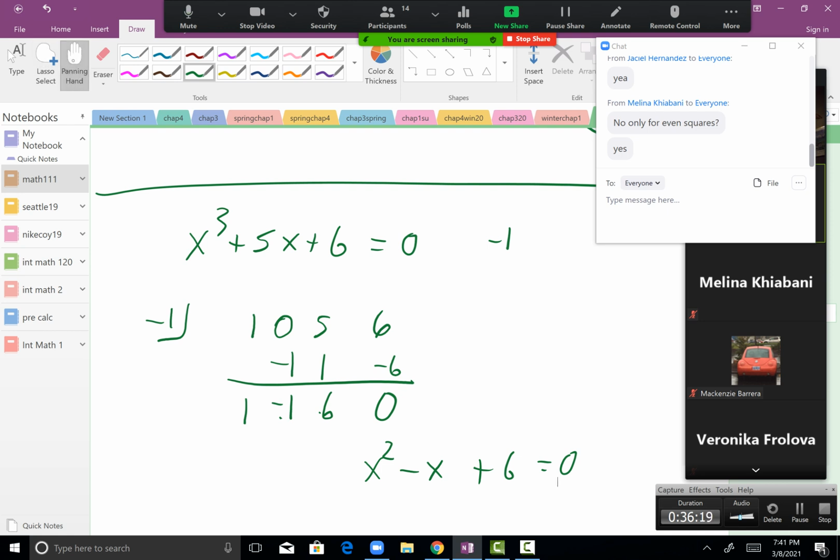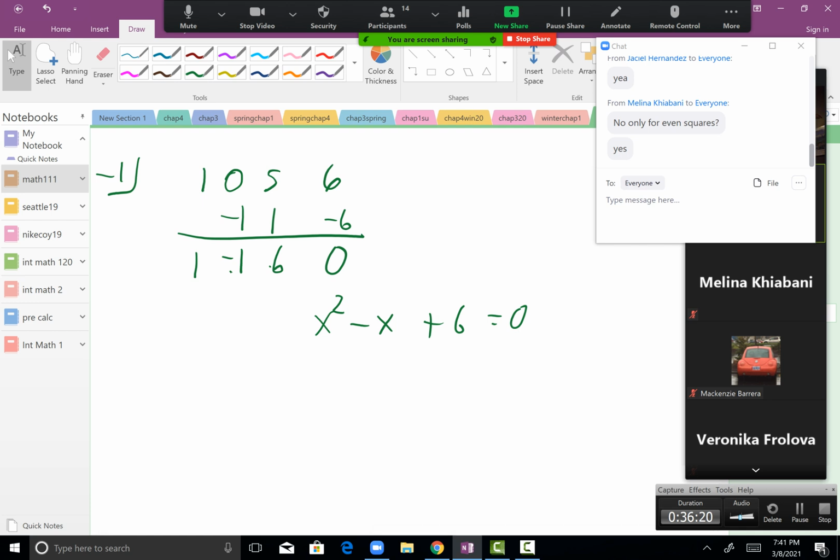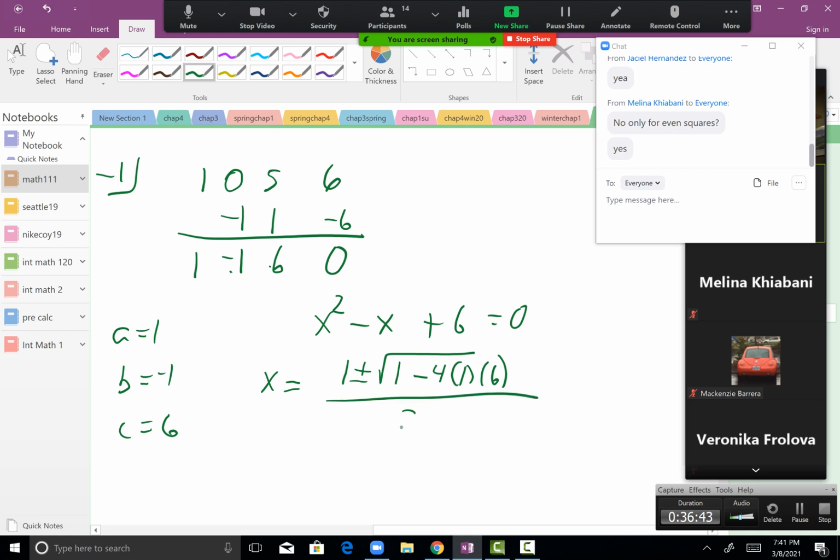Okay. So let's use the quadratic formula. X equals, all right, A is 1, B is negative 1, C is 6. So opposite of B, that's 1 plus or minus the square root of 1 squared is 1 minus 4 times 1 times 6, all over 2. Here's where it's going to get messy.